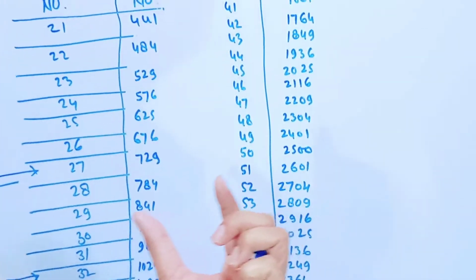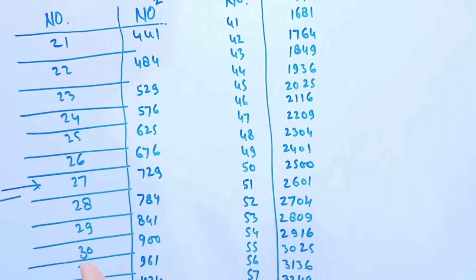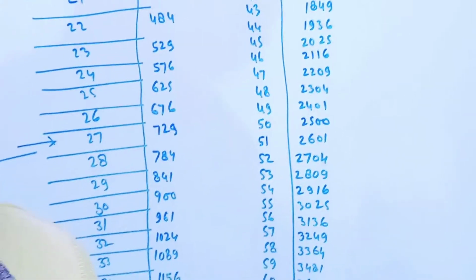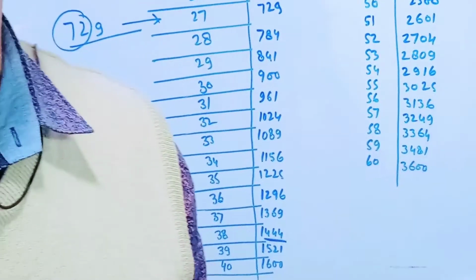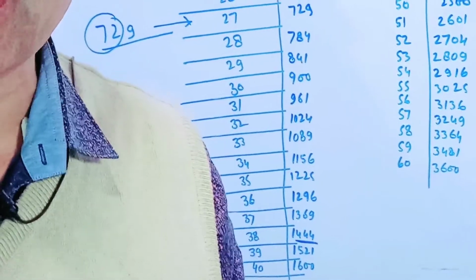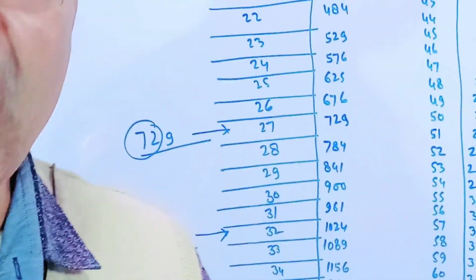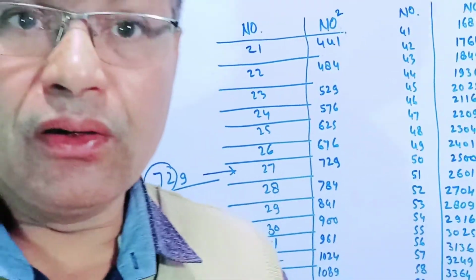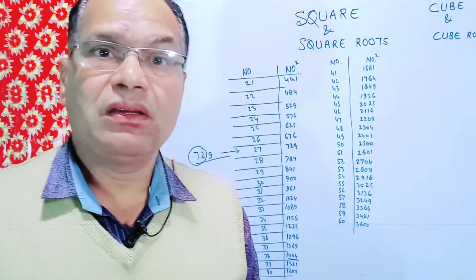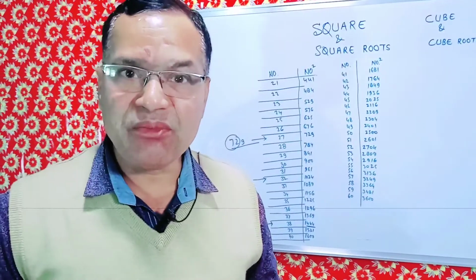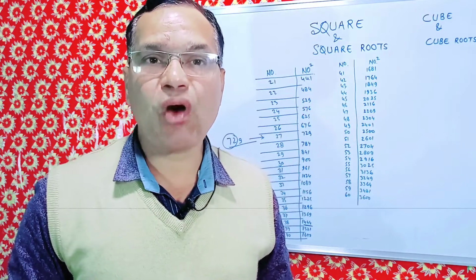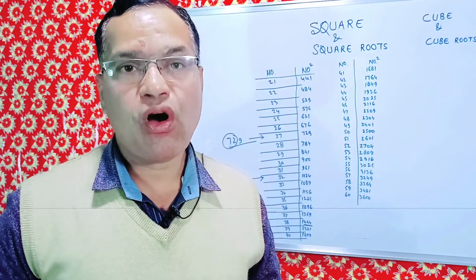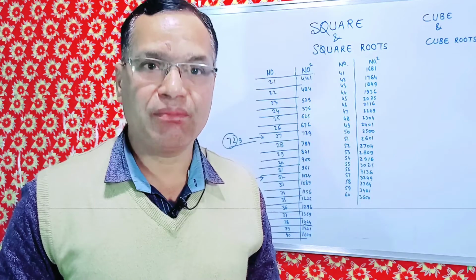This is the table we have provided for ease of seeing. Otherwise, we have discussed the ways and means by which we can find out the square easily of any given number.